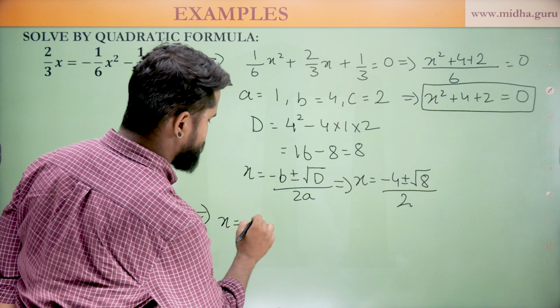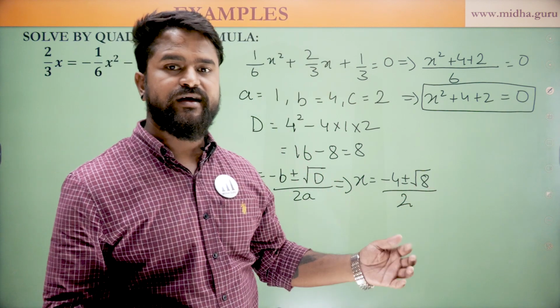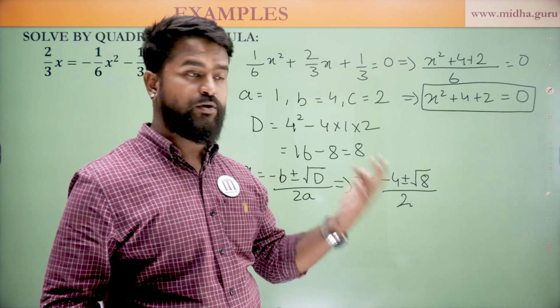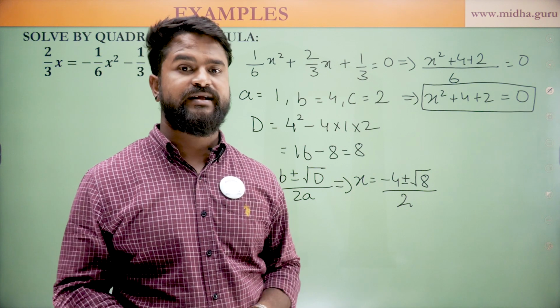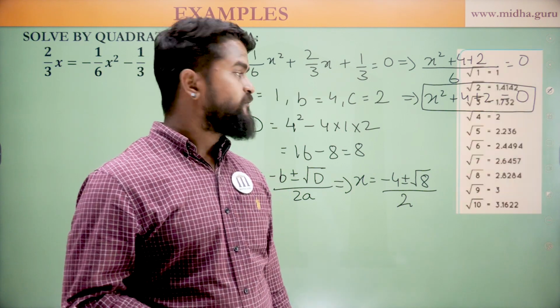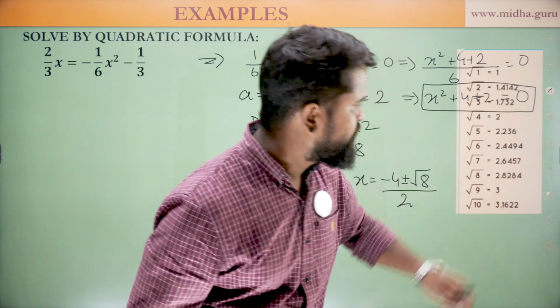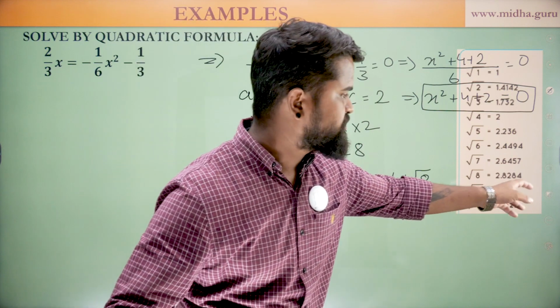So now I'll get x is equal to minus 4. Now I need to calculate the root of 8. Like in the earlier cases, the root was either 8, which was a whole number, or it was 12. But here I know that 8 does not have a perfect square root. So for that, we'll just see the table for once, and we get that root of 8 is 2.828.